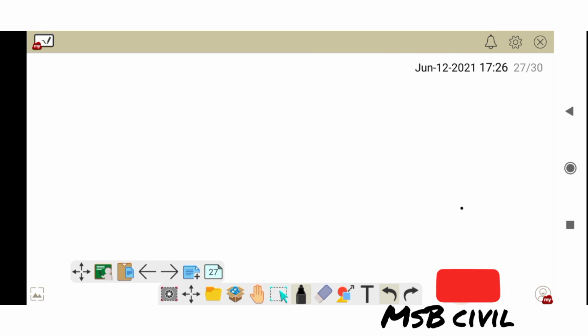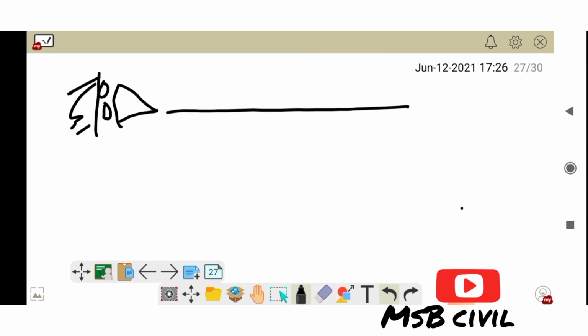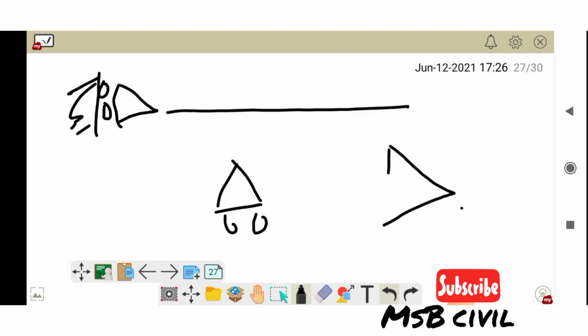Another example of roller support is when it is attached like this. Previously we studied it like this, and now I am showing it attached in the vertical direction.